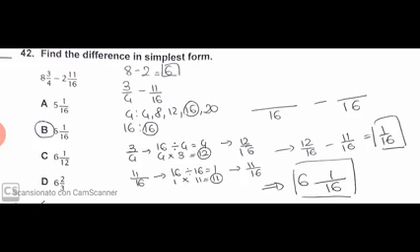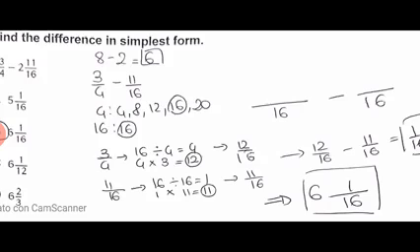We found that the smallest number in common is 16, so you write 16 on the denominators. We transform the old fractions into new fractions with 16 on the denominator, so we have 16 divided by 4 equals 4. 4 times 3 equals 12. So the first fraction becomes 12 over 16. The second fraction becomes 16 divided by 16 equals 1. 1 times 11 equals 11.